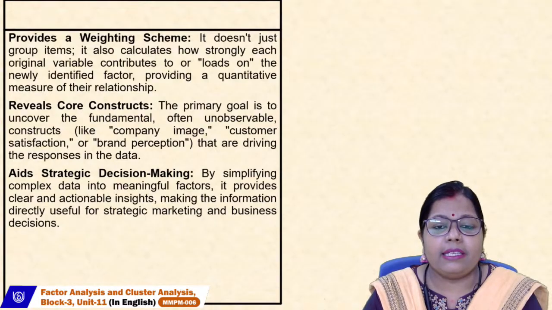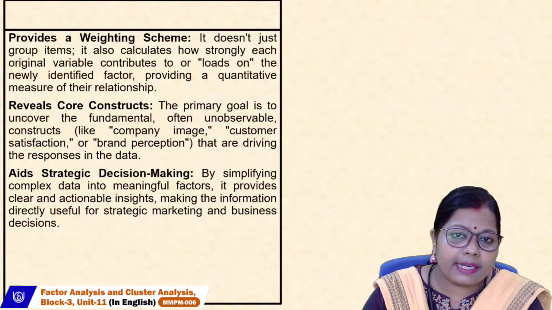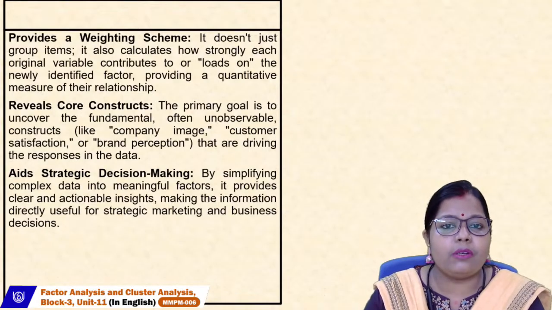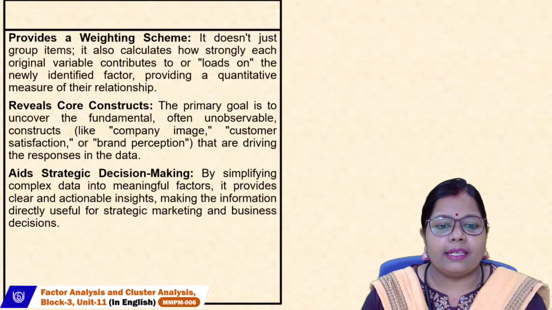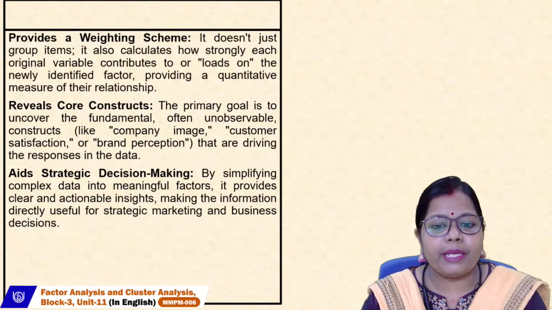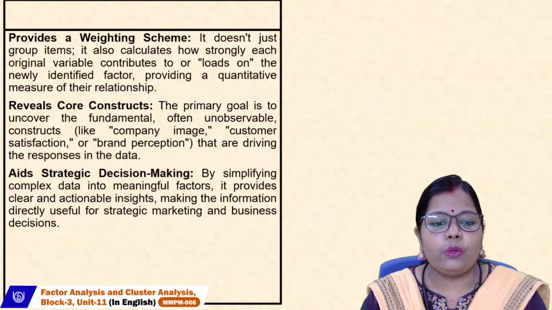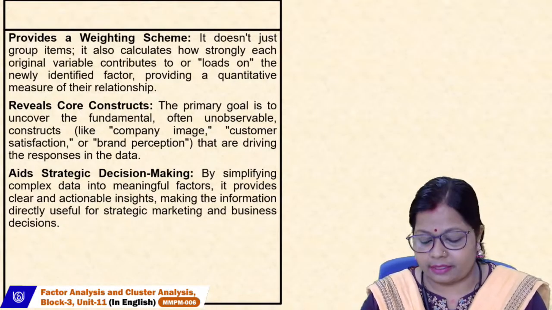So if we have converted a large data set into a small number of factors without losing any kind of data, it will be more beneficial, important and meaningful for a researcher to take any kind of strategic decision from the factors.